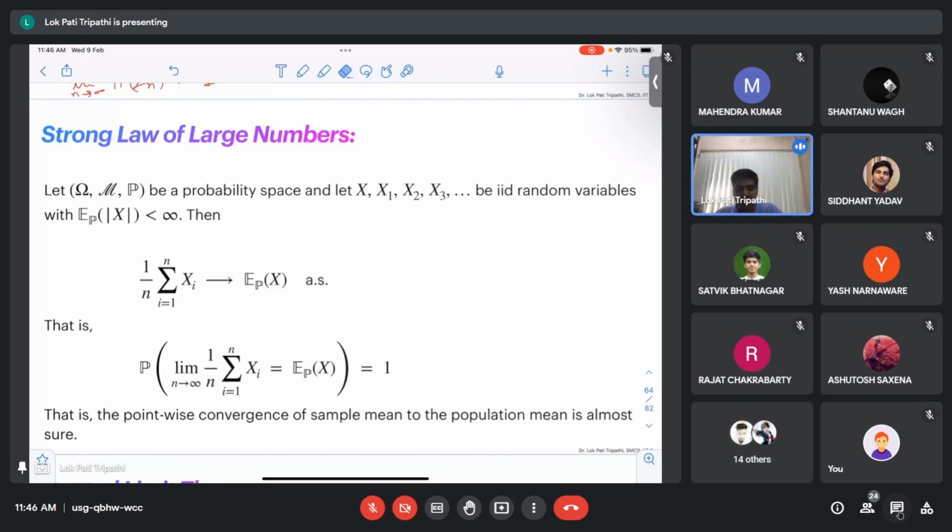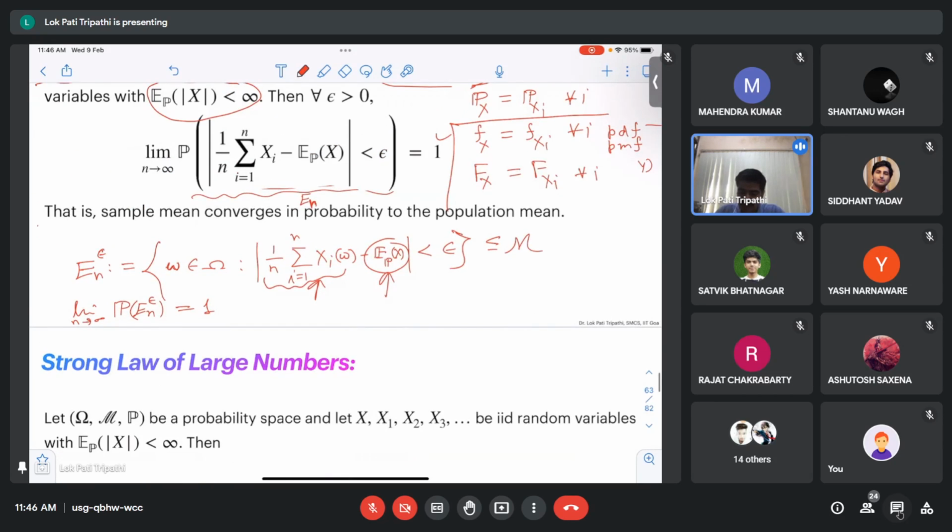Theoretically, you can prove that almost everywhere convergence implies convergence in probability, but the converse may not hold. This is the reason why we say it is strong compared to the previous one. If this convergence holds, then it will certainly converge in probability to the population mean.